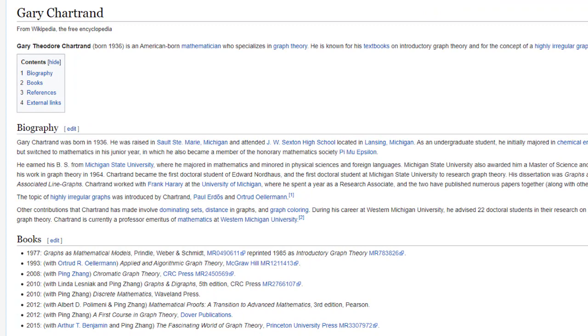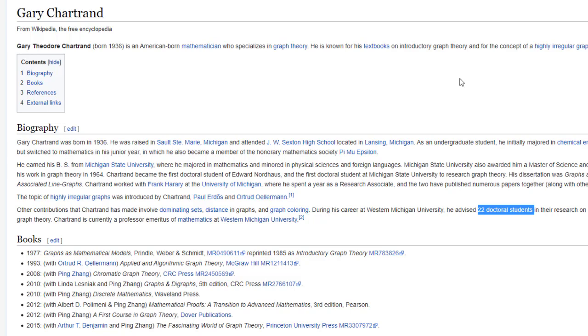He got his degrees from Michigan State, and he taught at Western Michigan for many, many years. He's professor emeritus, which means he's retired, but he's given an honorary title, even in retirement, that he can still use the title professor. He advised 22 doctoral students in the research areas of graph theory, and one of them, I forget the guy's name, is a professor who does a ton of graph theory at U of M Dearborn.